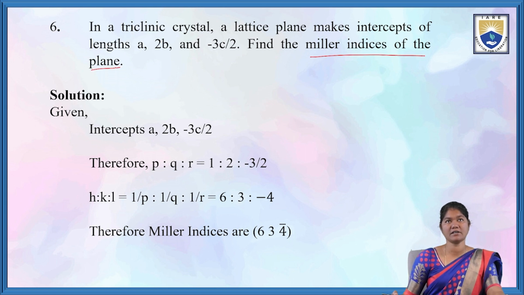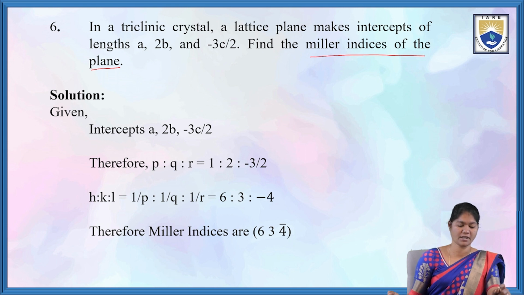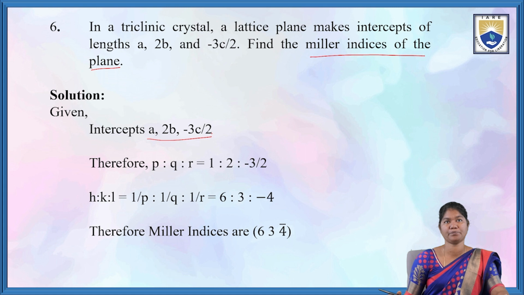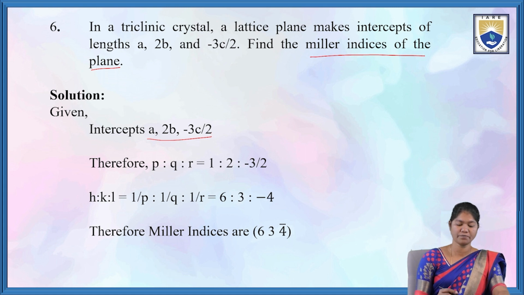Solution: given the intercepts a, 2b, minus 3c by 2, p is to q is to r is equal to the multiples of the lattice parameters, 1 is to 2 is to minus 3 by 2.